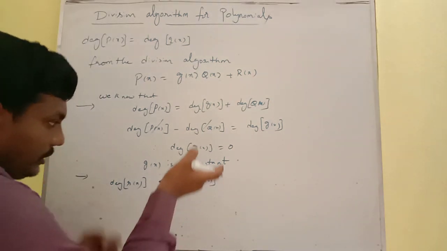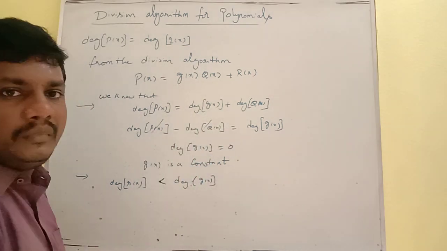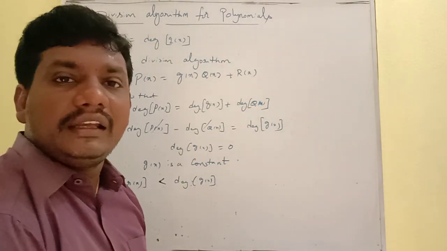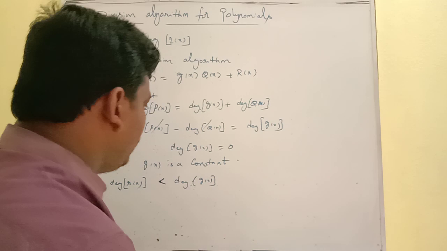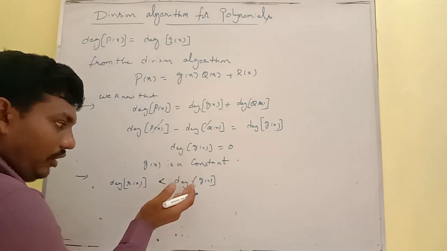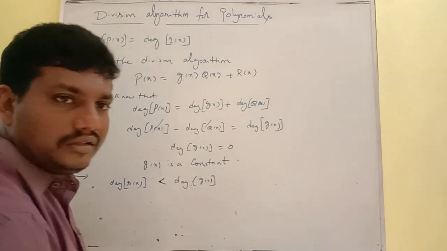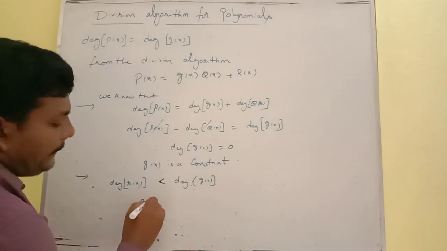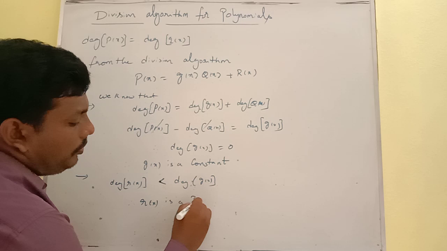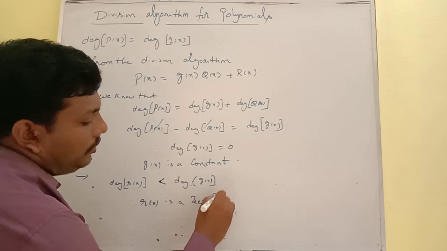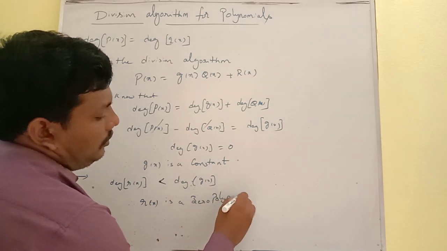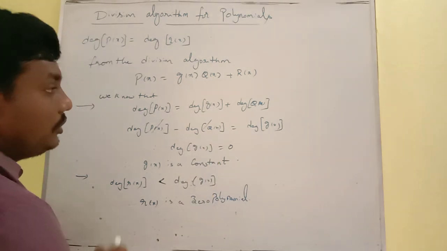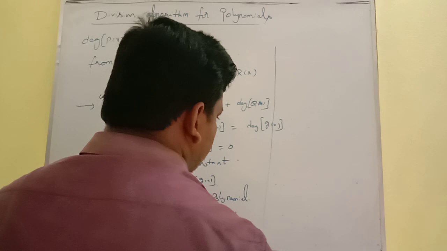That's the reason the least degree is 0, which means it is a constant. Less than a constant, therefore r of x must be a 0 polynomial.